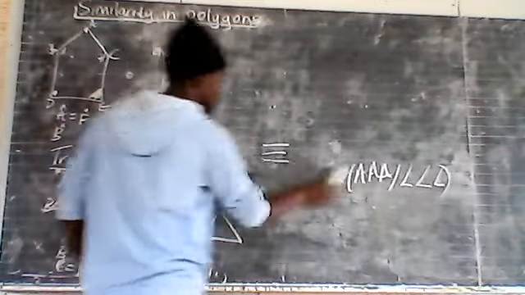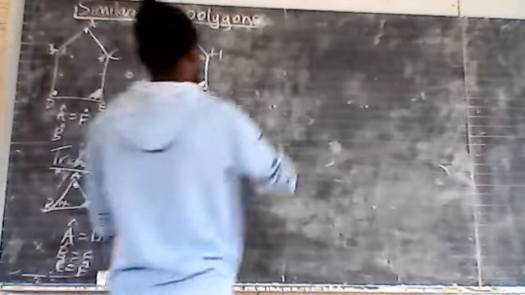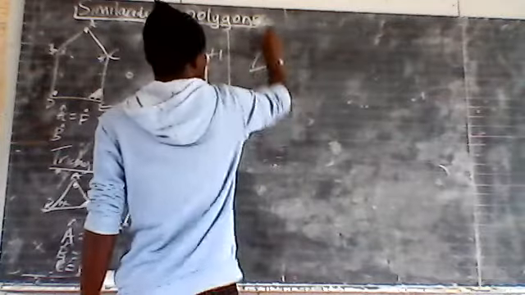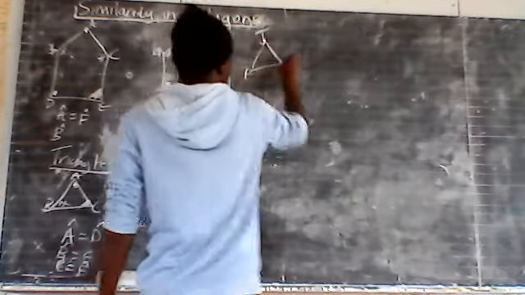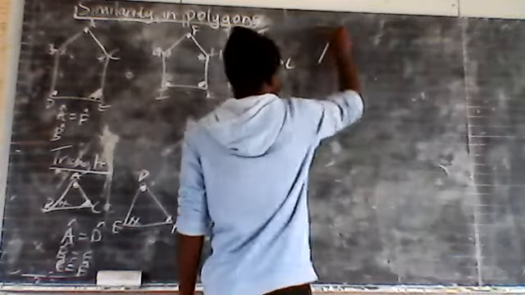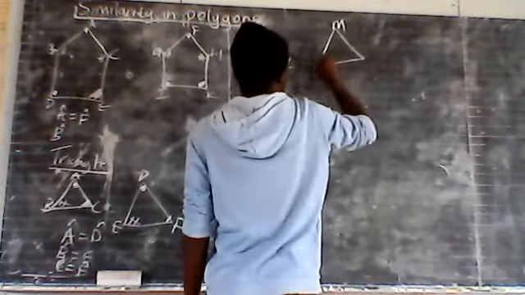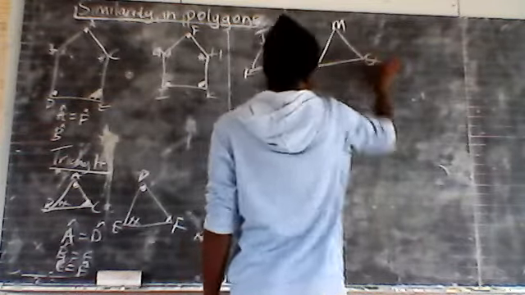I'm just going to erase this, but we need to take note of what I've just erased. Say for instance I have angles J, K, L, and triangle KLM, let's say P and Q there.